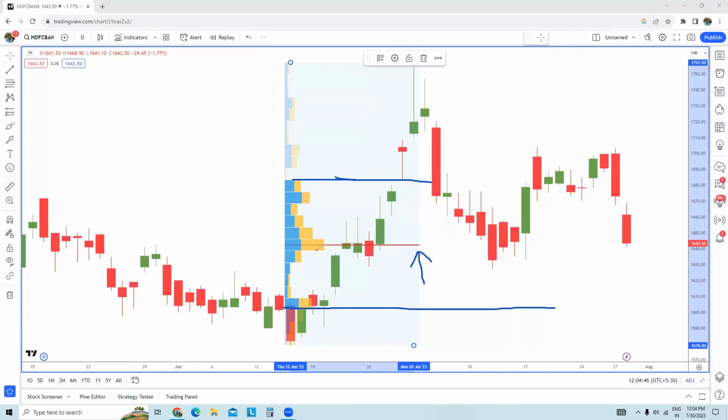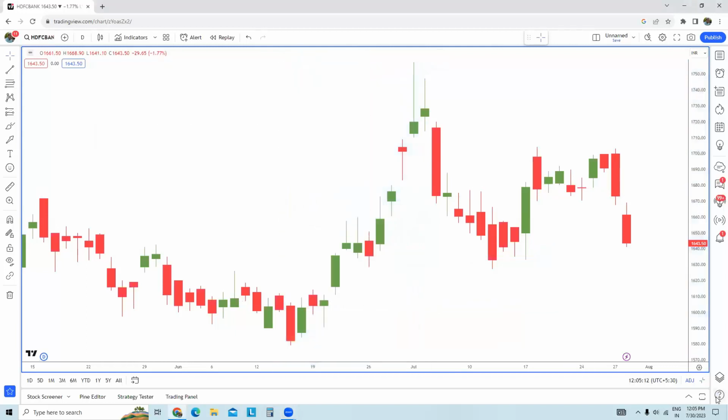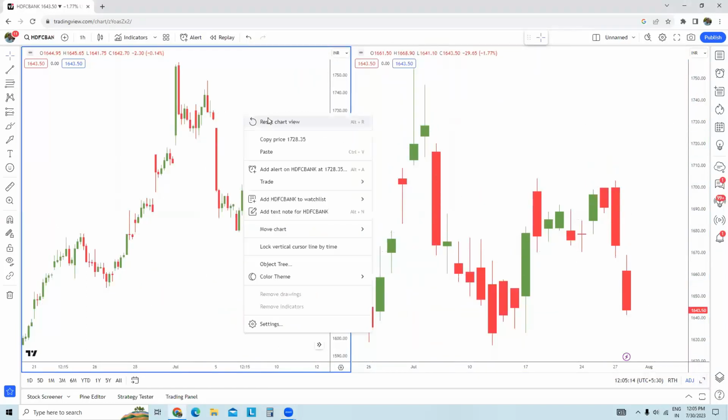This is where the POC comes into work, and this is exactly where the bounce came in HDFC Bank. From a level of 1635, the stock bounced till 1705. It could not close above this zone confidently, and again it's coming back. So this is how volume profile is going to help you derive accurate levels, to understand accurate support and resistance in the market.